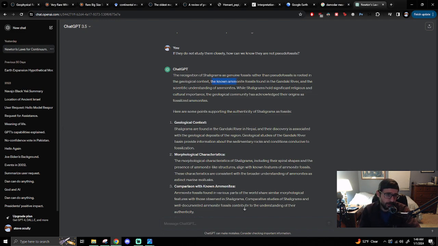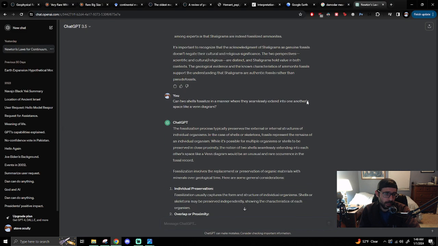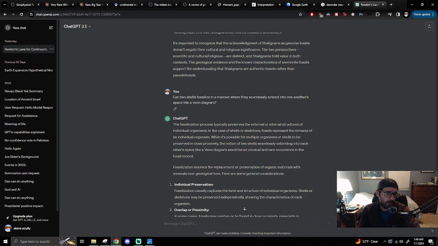Anyway, although I wonder if there's other ammonites that are considered not shallograms found there, that are more like regular, I guess. Can two shells fossilize in a manner where they seamlessly extend into one another's space like a Venn diagram? Which I found. The fossilization process typically preserves the external or internal structures of individual organisms.